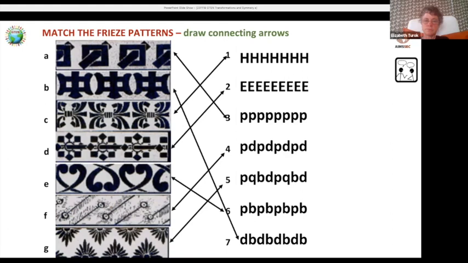Now, why is this important? Why is it important that you teach about transformations and symmetry? Why are these frieze patterns interesting and important? It's because transformations and symmetry are extremely important in mathematics, in the way we use and apply mathematics in the world.